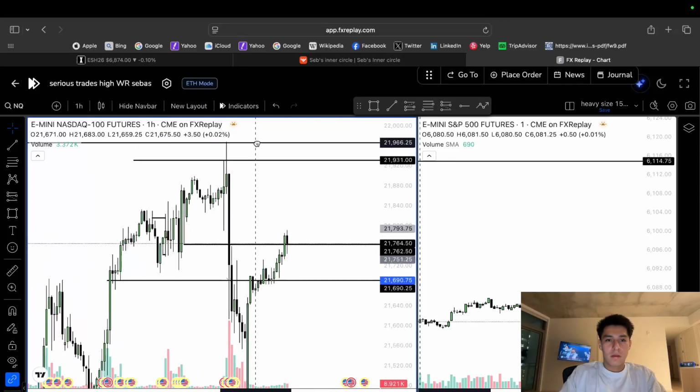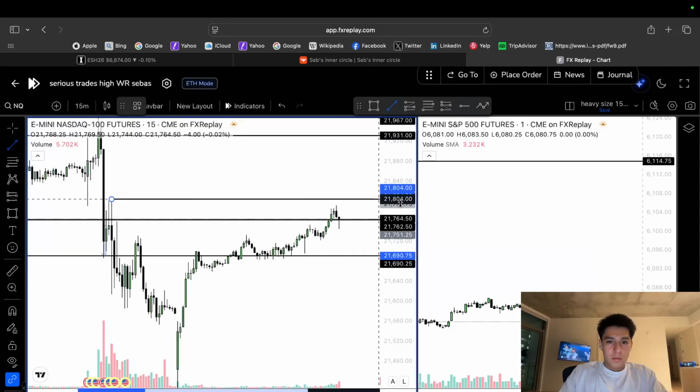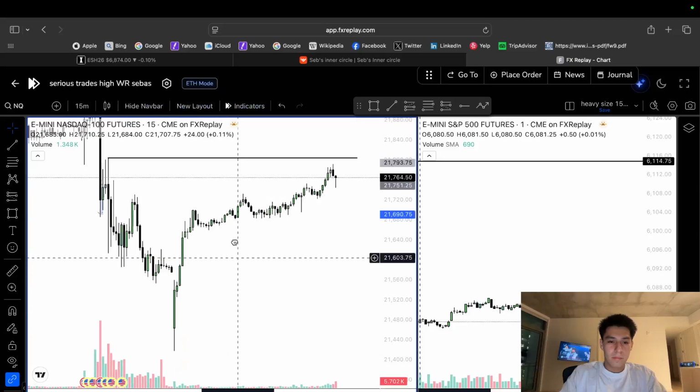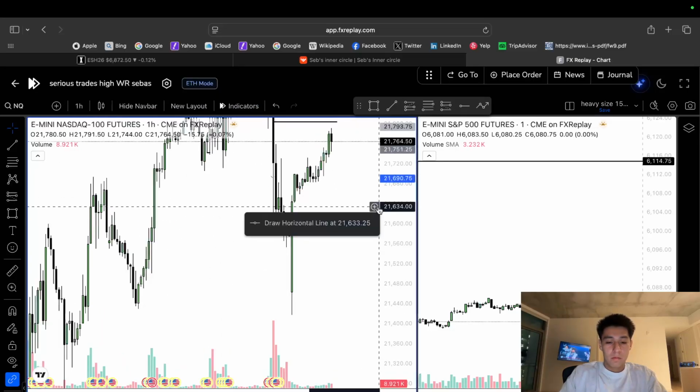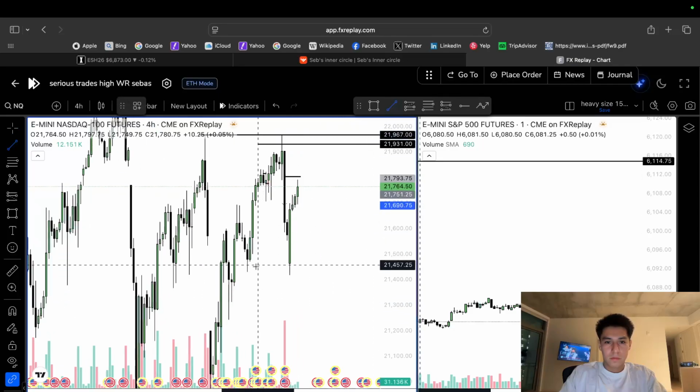So we did take out this high. Huge range, like a weird range actually. 4-hour. Took out that low.